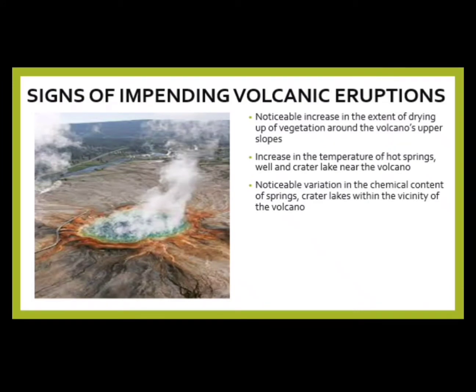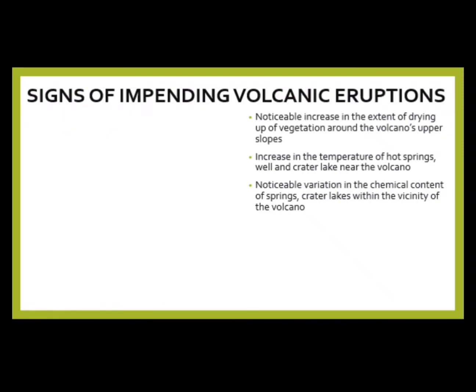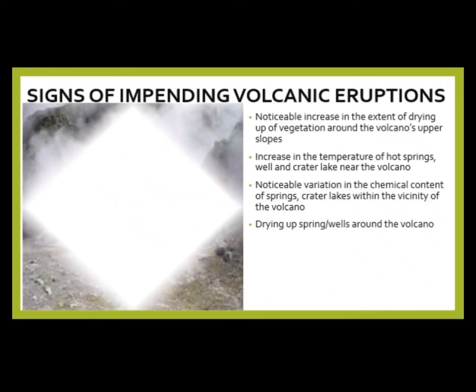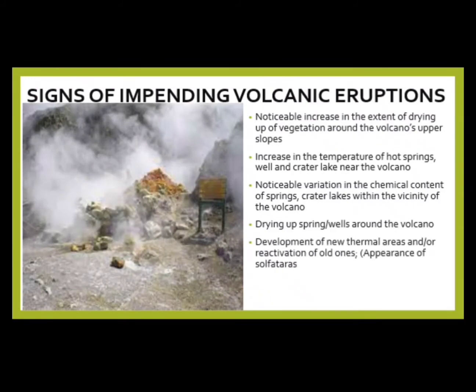Variation in the chemical content of springs and crater lakes within the vicinity of the volcano. Drying up of spring wells around the volcano. Development of new thermal areas or reactivation of old ones.